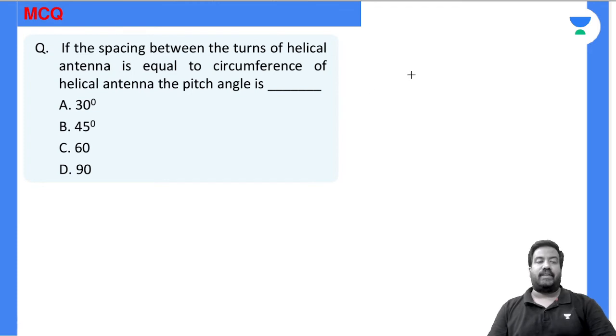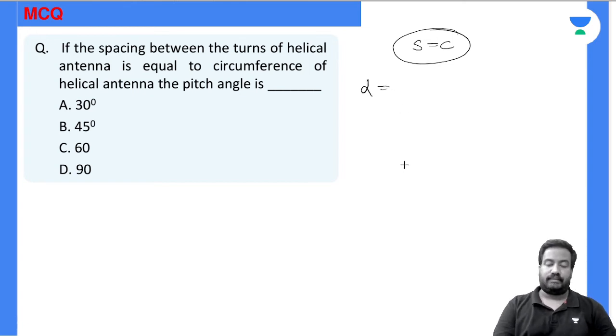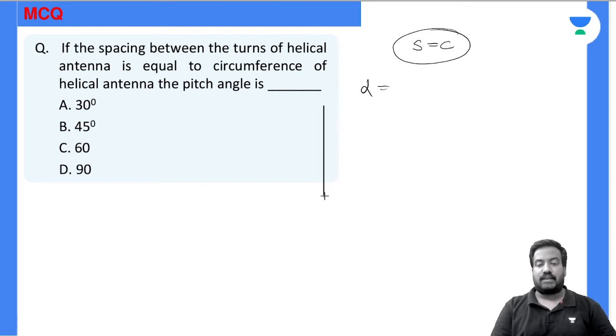If the spacing between the turns of the helical antenna is equal to the circumference, then the pitch angle is given by this: this is the circumference, this is the spacing, this is the length on each turn, and this is the pitch angle alpha.